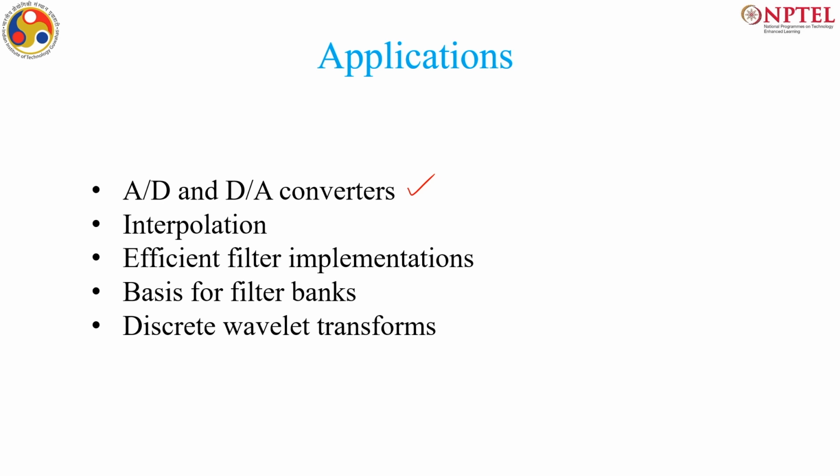My audio is probably recorded at 48 kilohertz, and my video is recorded at say 30 frames per second. These two are quite different from each other. My frames are coming at 30 frames per second, whereas the audio signals are coming at 48,000 samples per second.